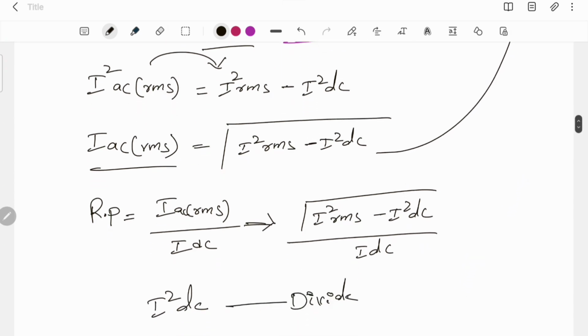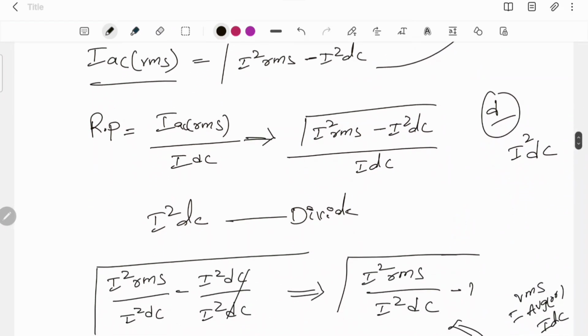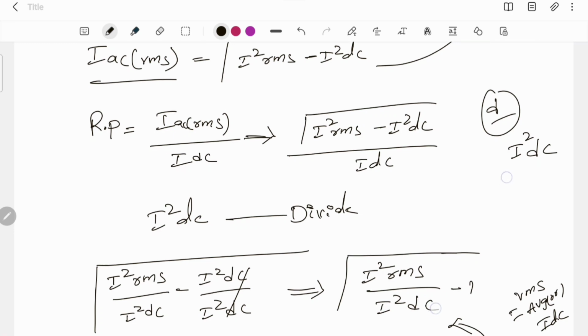Now what we have to do? We have to divide numerator and denominator by I square DC. So now what we get? Root of I square RMS by I square DC minus I square DC by I square DC. Here it will get cancelled and remain 1. So now root of I square RMS by I square DC minus 1.